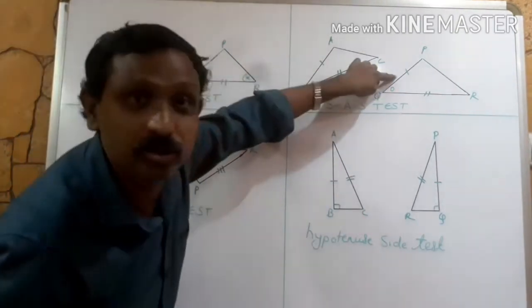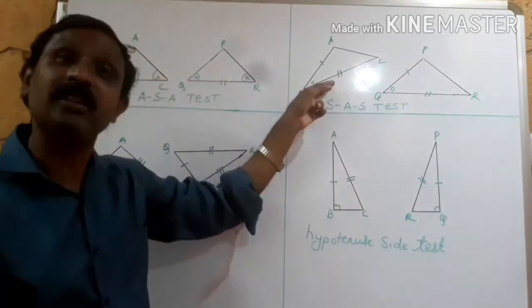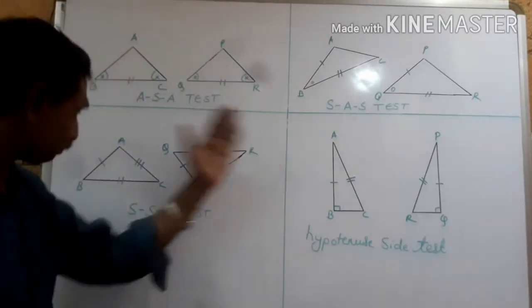This side congruent to this side, this side congruent to this side, and an angle included by the respective pairs of sides. This angle congruent to this angle.